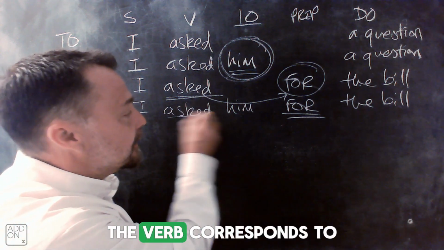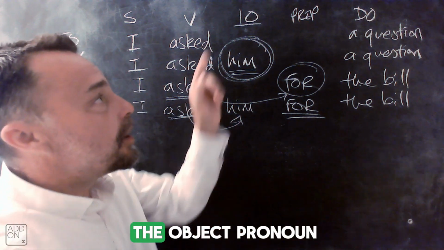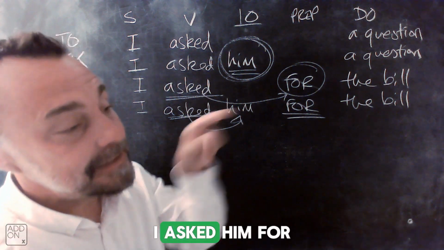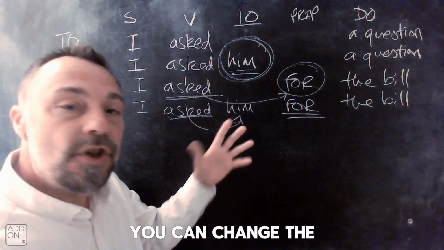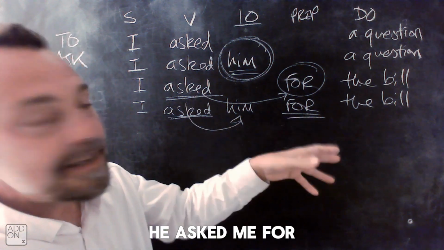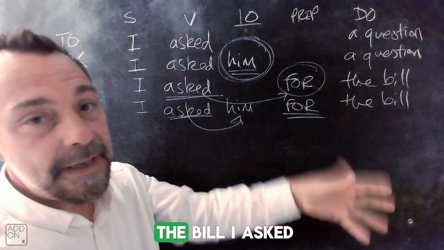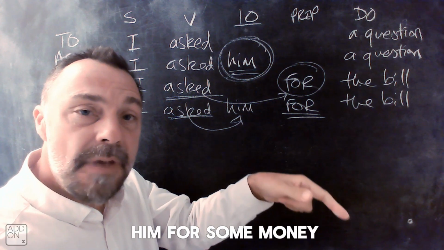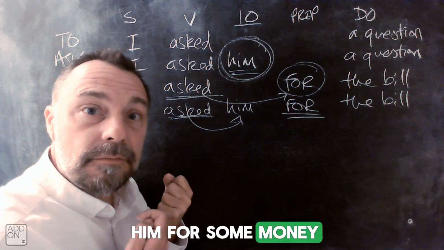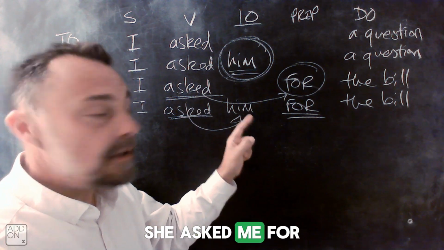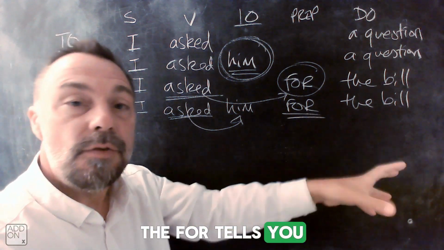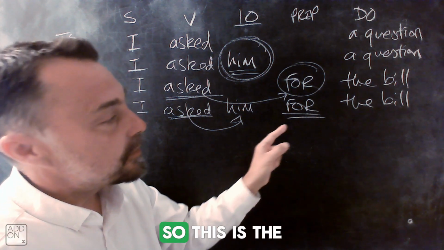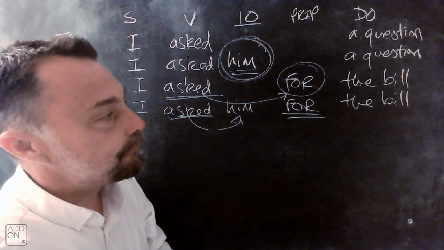The verb corresponds to the object pronoun. I asked him for the bill. You can change the object pronoun again. He asked me for the bill. I asked him for some money. She asked me for the information. The for tells you what you want. So this is the preposition for.